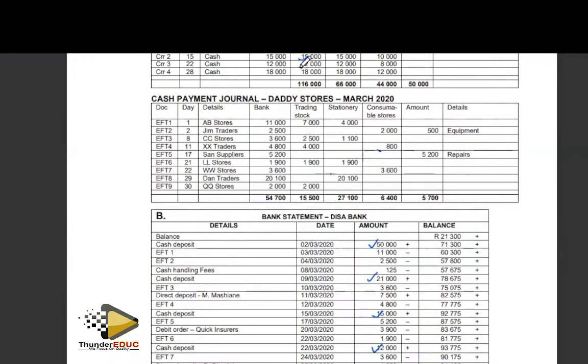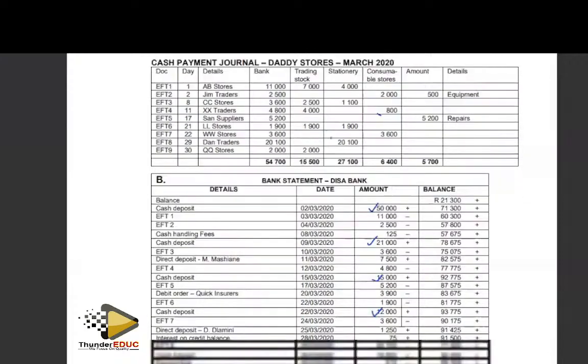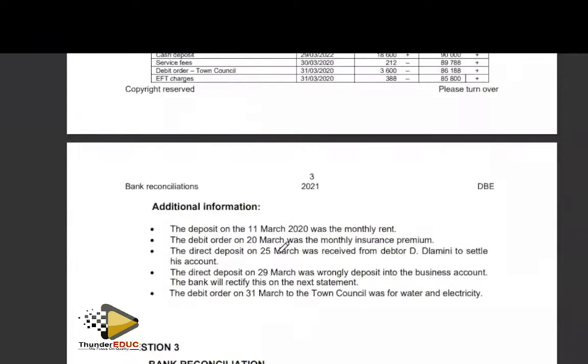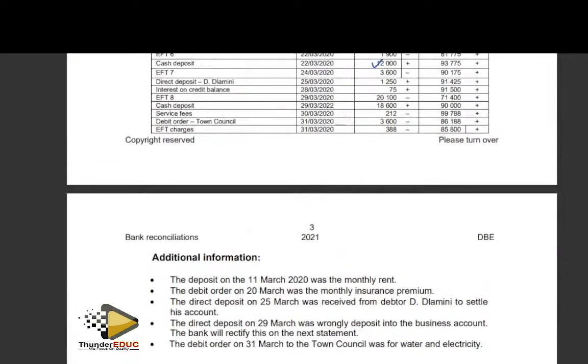Okay. So I saw some additional information on the 22nd. Let's check it. What is it saying? Remember, I said that it is better to always look at your additional information. There is an additional information on the 22nd of 12,000. Okay, it's fine. So that date is fine.